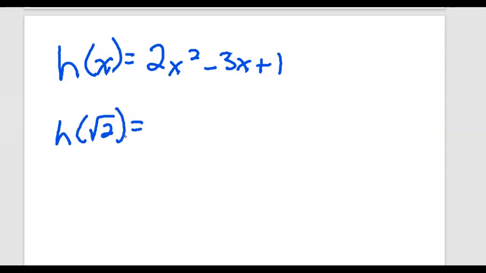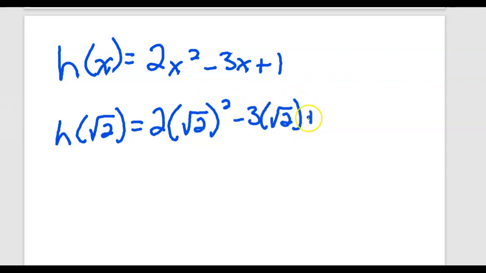That just means I'm replacing the square root of 2, putting it in place of my x. So I'm going to have 2 times the square root of 2 squared minus 3 times the square root of 2 plus 1. Square root of 2 squared: remember, the square root and the square cancel out, so that gives me 2 times 2.